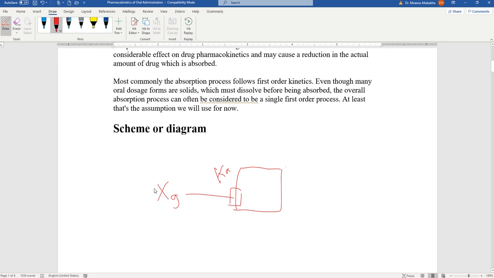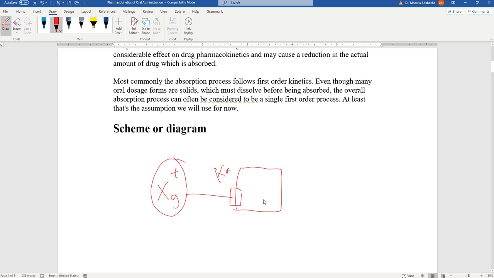So when I say XG, it talks about the amount that is remaining to get inside the system after some of the dose is metabolized or destroyed, etc. Whatever is going to enter, I will call XG. Of course, XG I can say XG(t), meaning for example after 1 hour, what is the remaining amount to get inside. Okay, so XG is an amount again. This is not a concentration here, it's an amount.